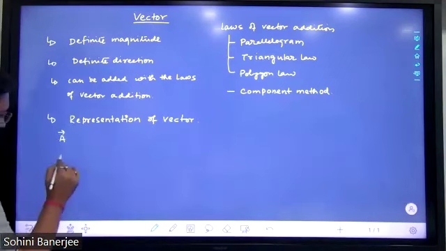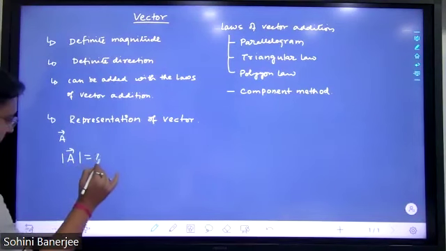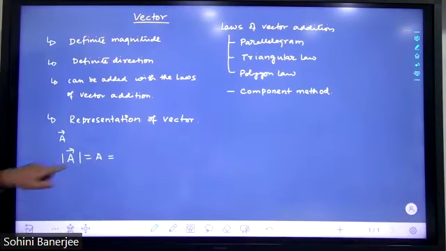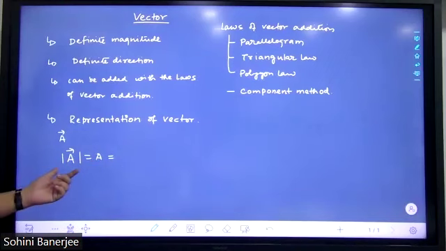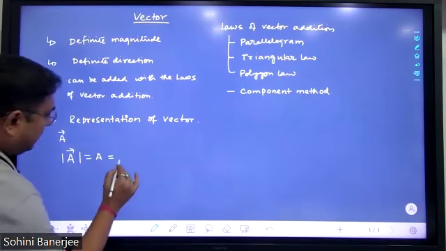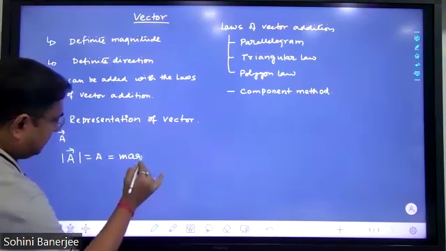Now, when we just need to refer to the magnitude of the vector only, we do it with the letter only or the modulus sign. So when you get this modulus A vector or just the letter itself representing a vector, we are actually referring to the magnitude of the vector.